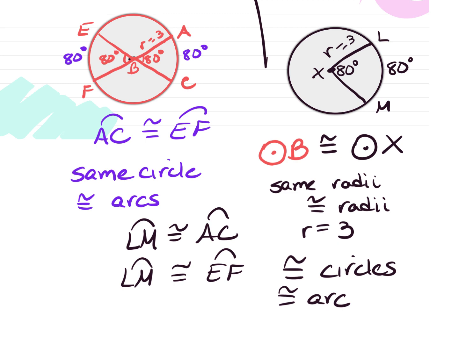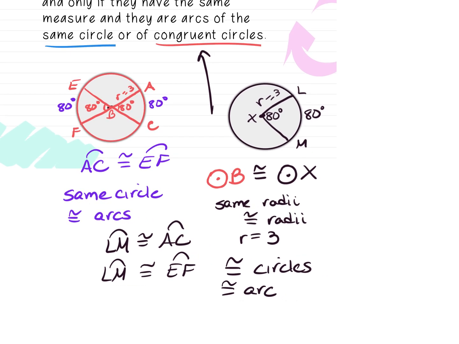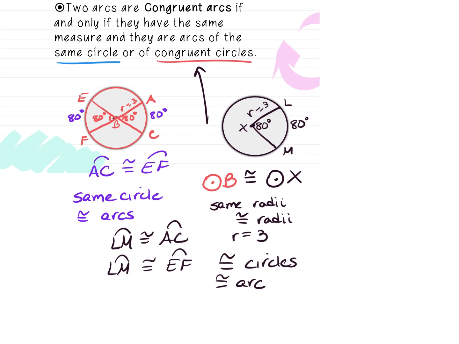Let me draw one more circle here. So let's say I draw in one last circle. And I tell you that this one has a radius length of 5, but a central angle of 80.